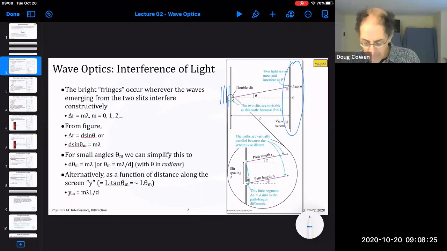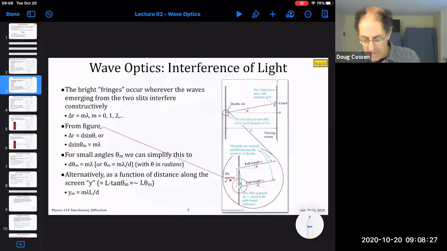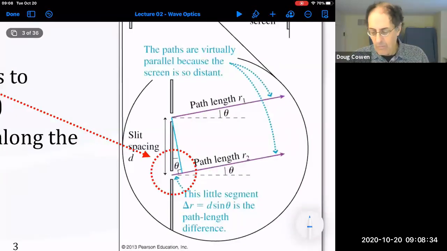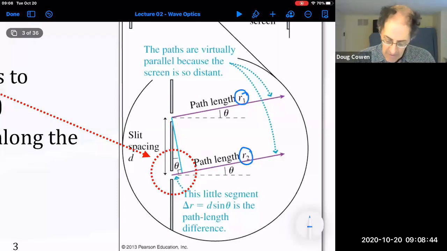And if you look more carefully, the extra distance that light travels from one slit, so along path R1, versus the distance it travels along path R2, is given by this little extra bit right here that I'm highlighting in blue.